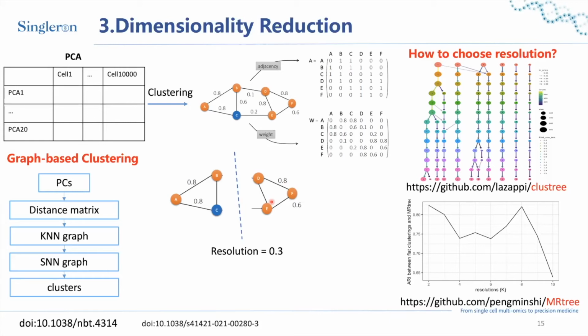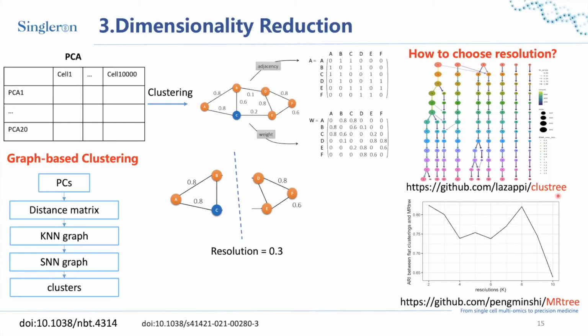So one question is how to choose the resolution. Sometimes we see people using 0.1, and sometimes we see people using a very high resolution, like 1.5 or something, for subtyping analysis. These are hard to say whether good or not. So I would suggest some tools that are designed to evaluate the resolutions.